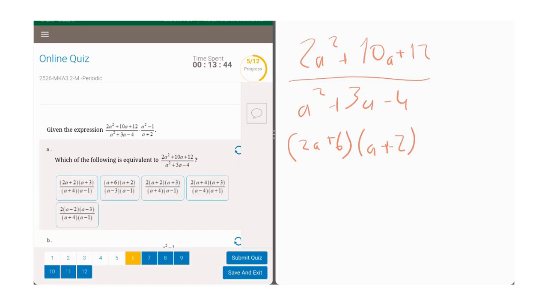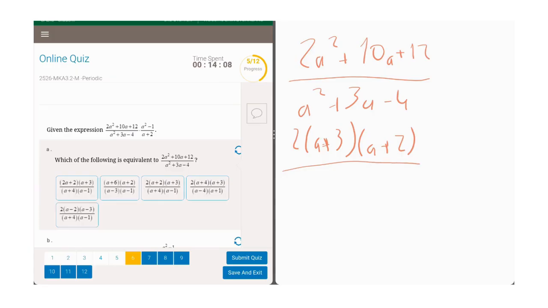Oh wait, we could have factored this thing first using 2, but it's okay if you do it afterwards because you'll still get the same answer. So now I can factor 2a plus 6 into 2 into a plus 3, into a plus 2.